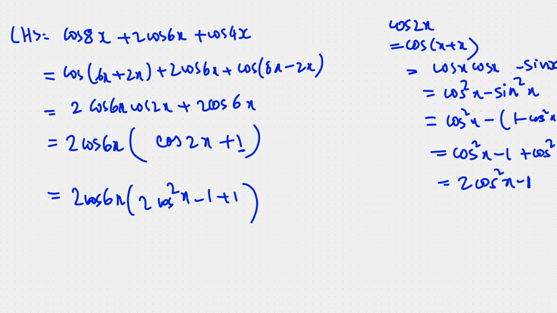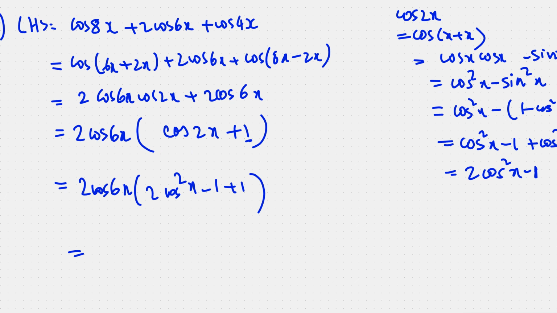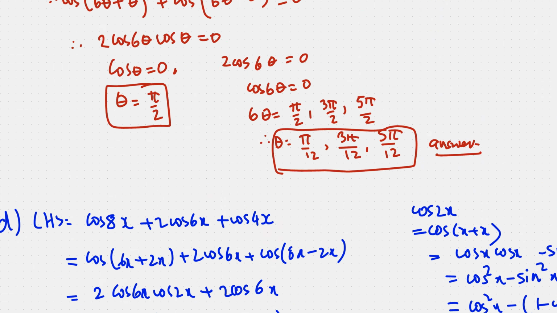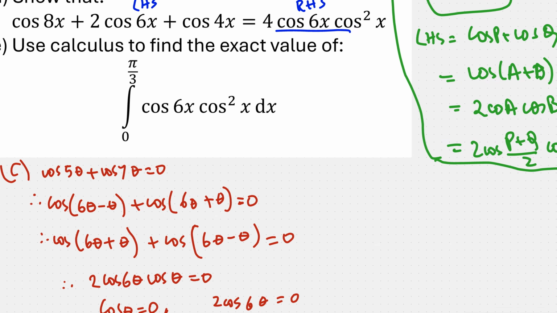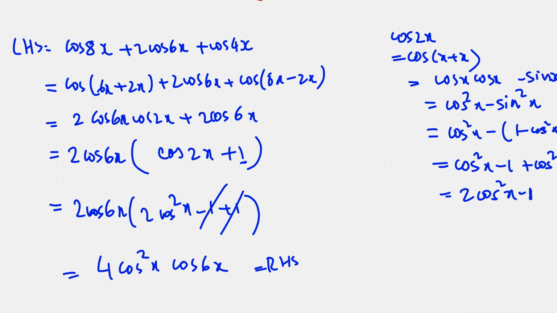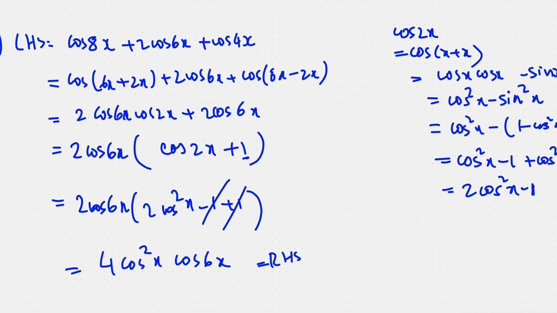So then 1 and 1 go, and it is 4 cos square x cos 6x, and that is the right hand side. Yeah, 4 cos 6x cos square x.